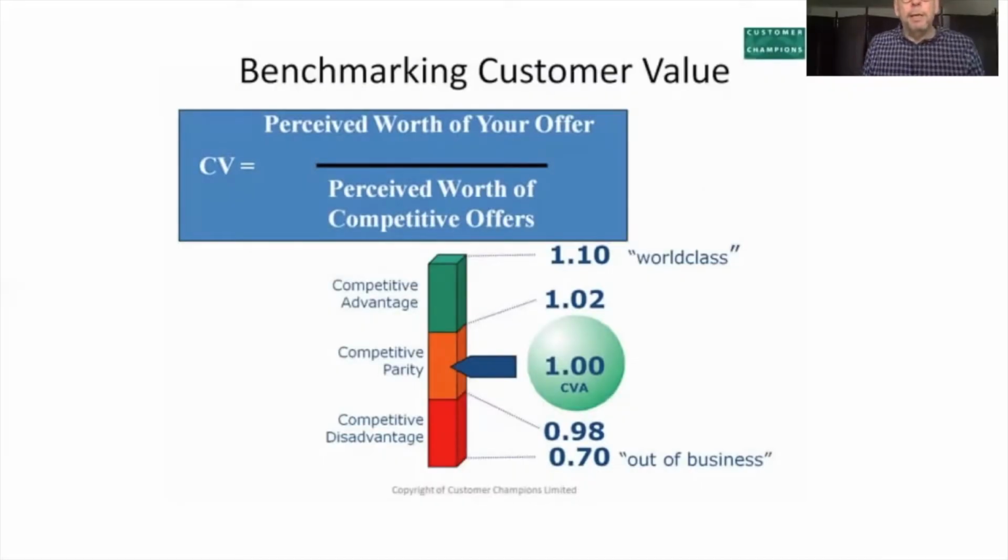A formula of the relationship between the perceived worth of our offer and the perceived worth of the competitive offer. This is actually what we do in terms of marketing strategy, of marketing work. We try to increase the competitive advantage, meaning we create a monopoly situation.